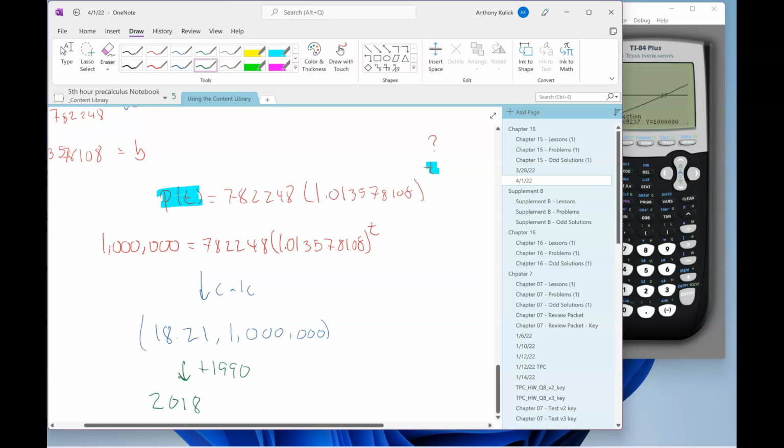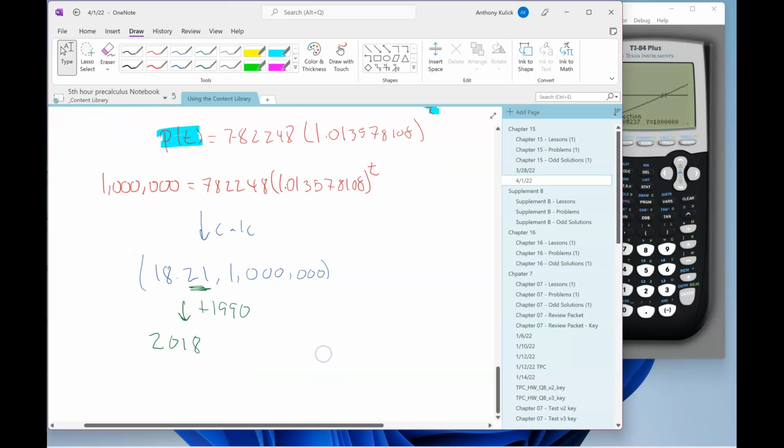No, why not? Because it turns a million like a quarter of the way through 2018. Really, we want to say 2019 would be the first year that the population is over a million. Jack. Yes.